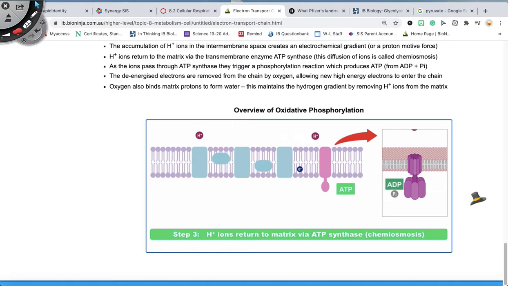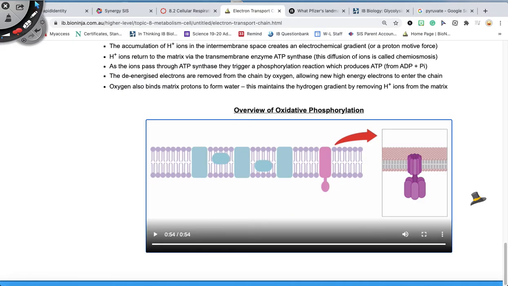They're going to diffuse back in through ATP synthase. That is going to allow ATP synthase to rotate and therefore phosphorylate ADP to ATP. And that's how you get the majority of ATP. Now, the hydrogen ions are going to, in conjunction with the electrons that need to be removed, form water.